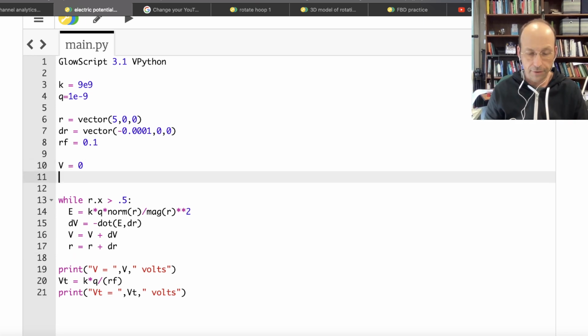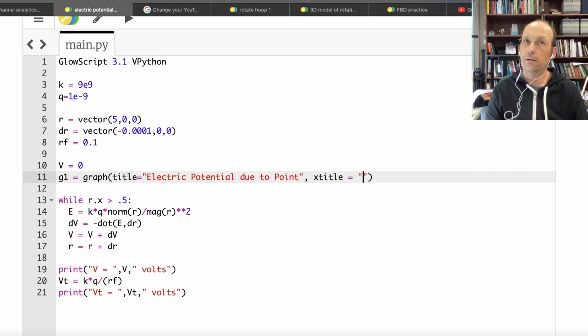So let's make a graph. In Python, it's easy to make a graph. I could say g1 equals graph, title equals electric potential. I can give it an x title, and you've got to spell it right, xtitle, and that's going to be, let's just say, r.